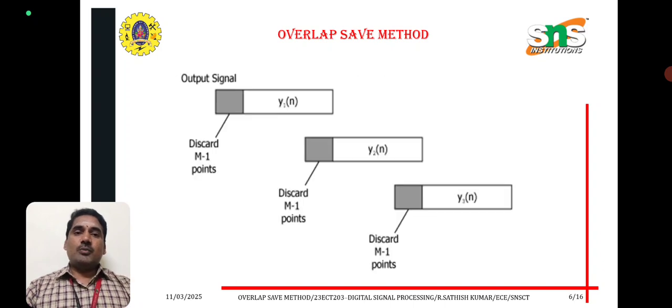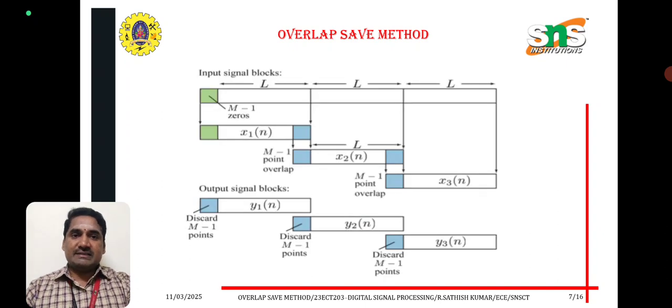This is the output signal y1 of n, y2 of n, y3 of n. We can discard M minus 1 points in y1 of n, also in y2 of n, and similarly discard M minus 1 points in y3 of n. This is another example, represented in the same way in terms of the overlap save method.